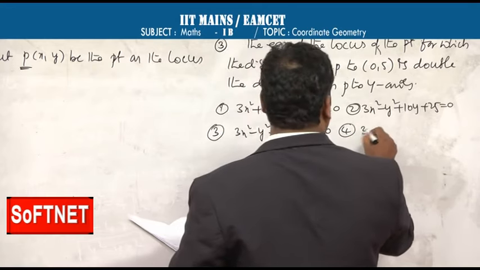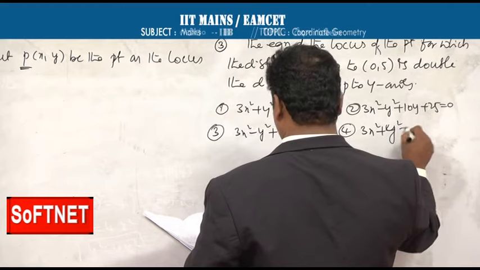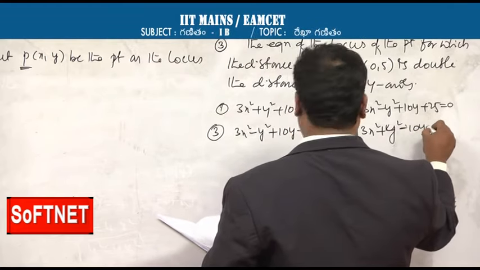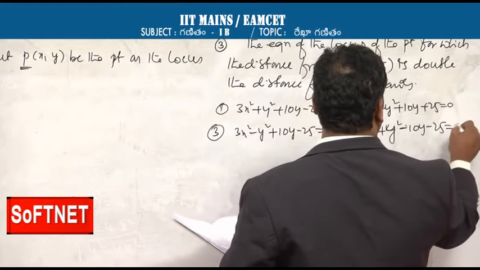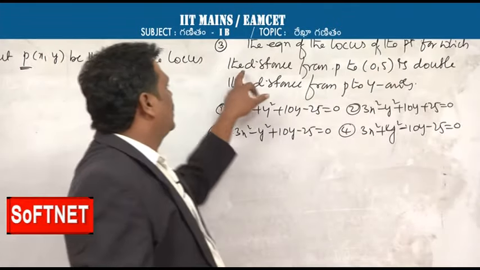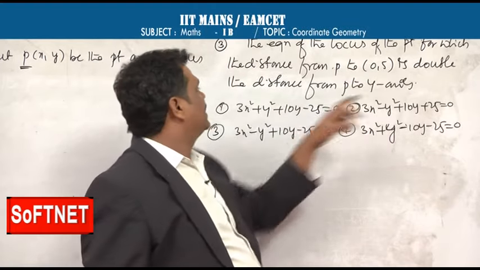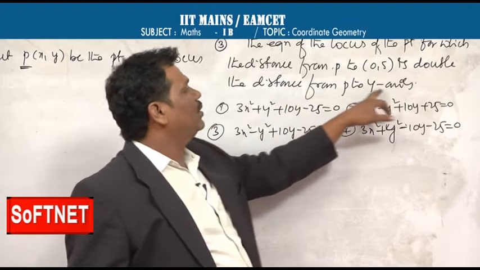And 3x square plus 4y square minus 10y minus 25 equal to 0. The equation of the locus of the point for which the distance from P to 0 comma 5 is double the distance from P to the y axis.